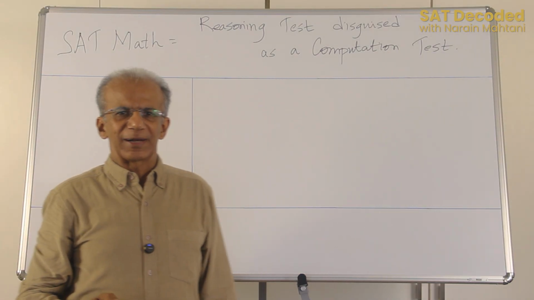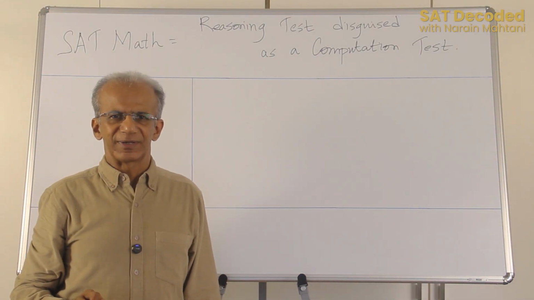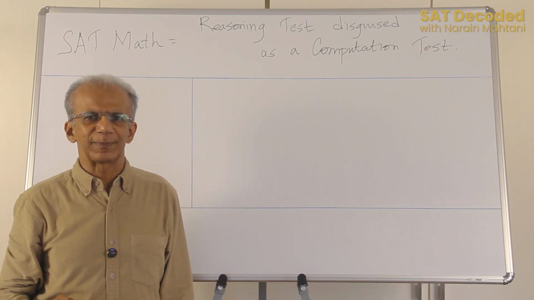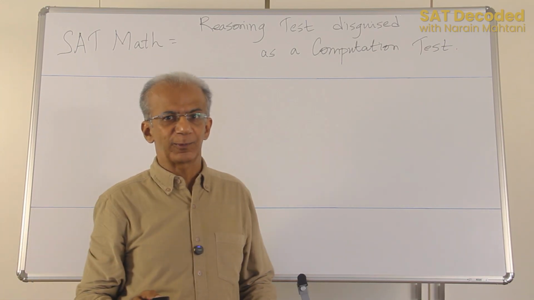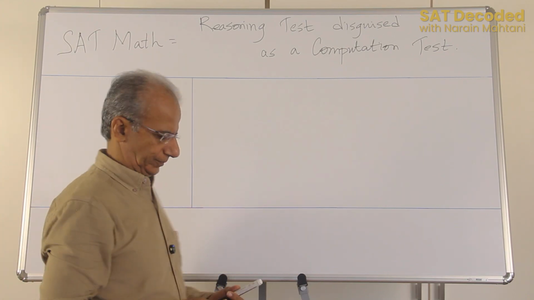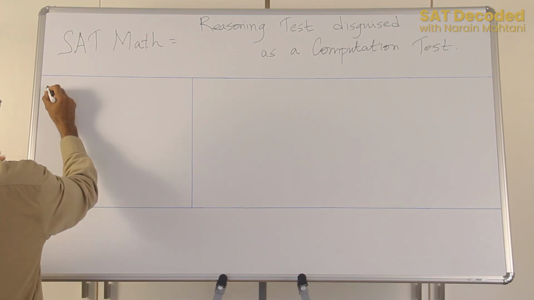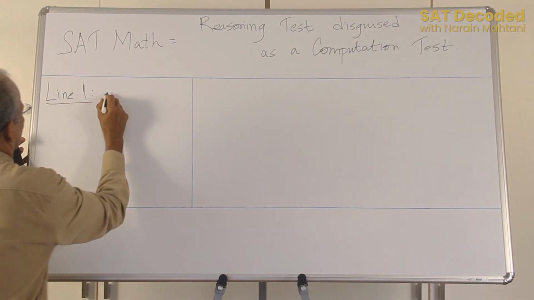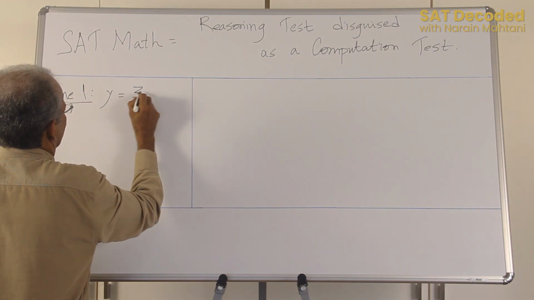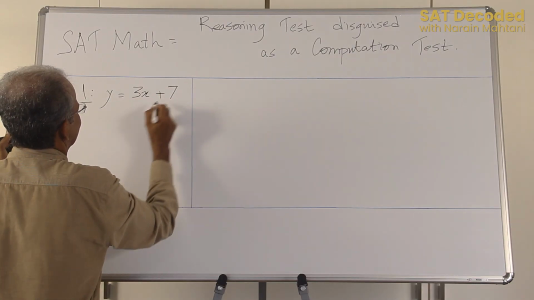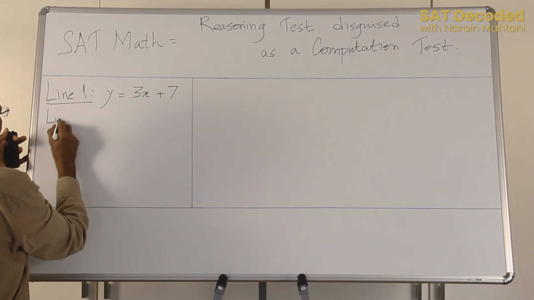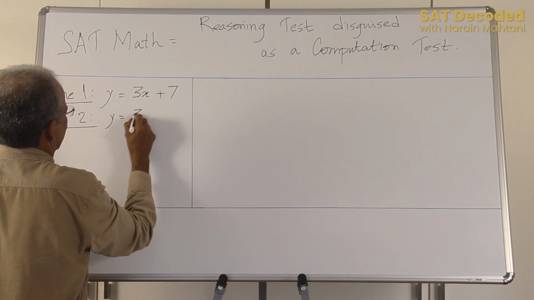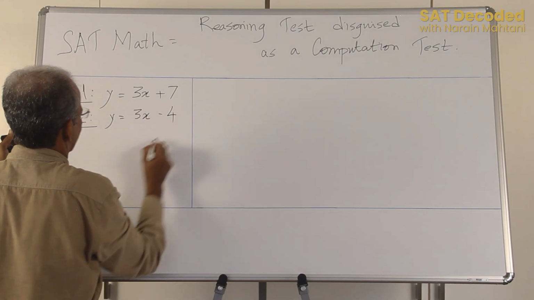Let me go back to the parallel lines question I opened with, because I want to unpack it more carefully. Here is how that question typically appears on the SAT. I'm going to put it down once again on the whiteboard. Line 1 is y equals 3x plus 7. Line 2 is y equals 3x minus 4.